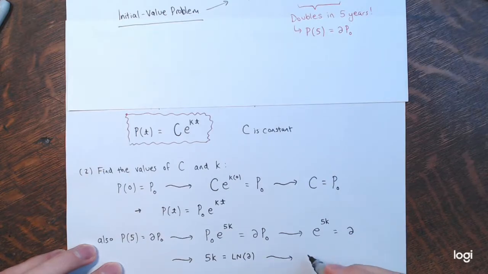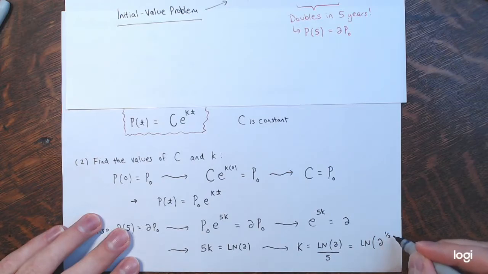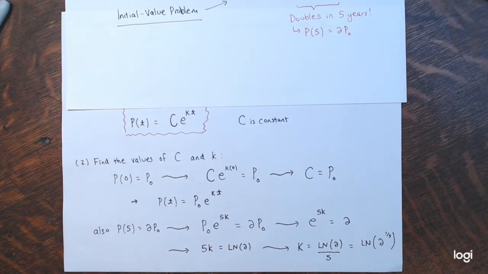So k, this constant of proportionality, is the natural log of 2 divided by 5. Or if you'd like, using a property of logarithms, you could say it's the natural log of 2 to the 1/5 power. They're the same thing.